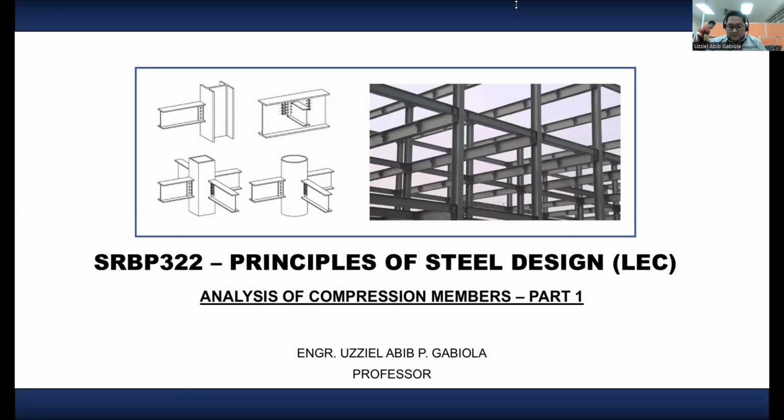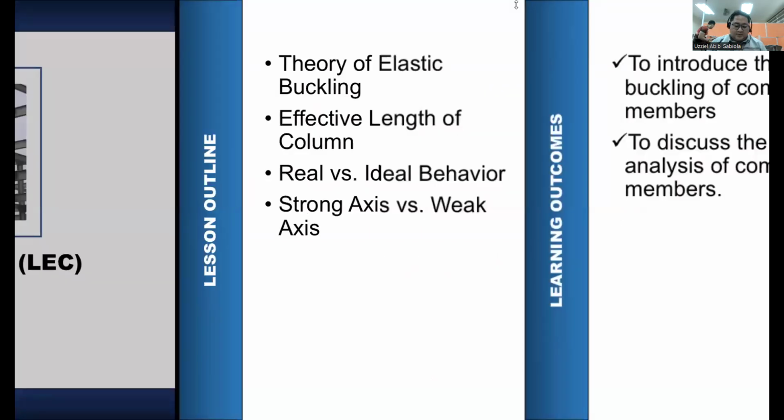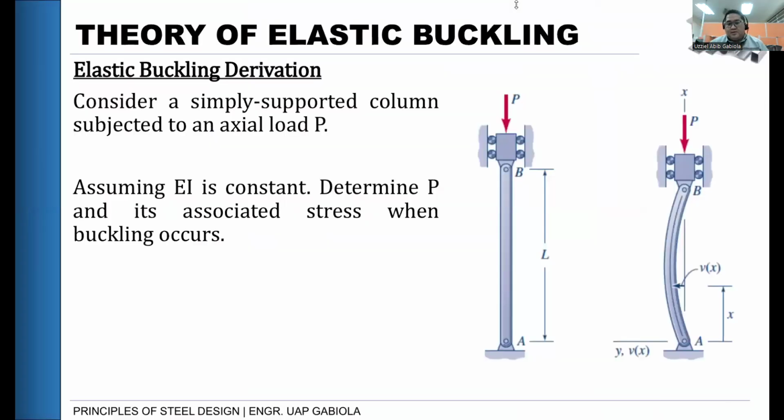Okay? So, to start, let us assume or imagine a column na meron siyang simple support. So meron siyang hinge, meron siyang roller dito. And as you can see, parang katulad lang siya ni beam, ano? So parang yung beam natin na ginagawang ganyan dati, tinayo lang natin. So ganun pa din, ano? Roller tapos hinge.